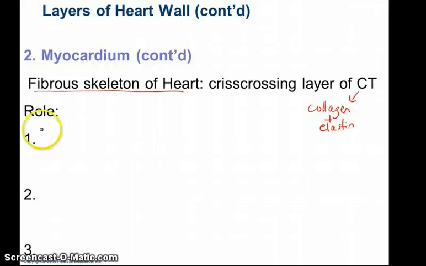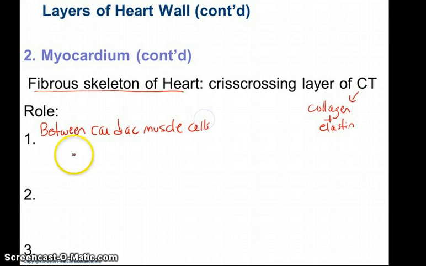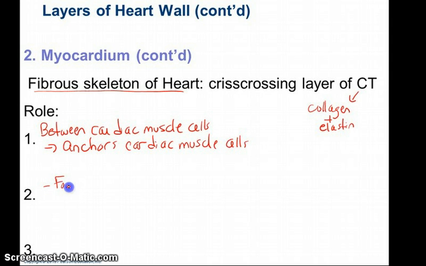So one place you find it is between cardiac muscle cells. And when it's found here, what it does is it anchors cardiac muscle cells. It acts as an anchor so that they have something to pull against when they contract. Another place that you find it is between the chambers of the heart.